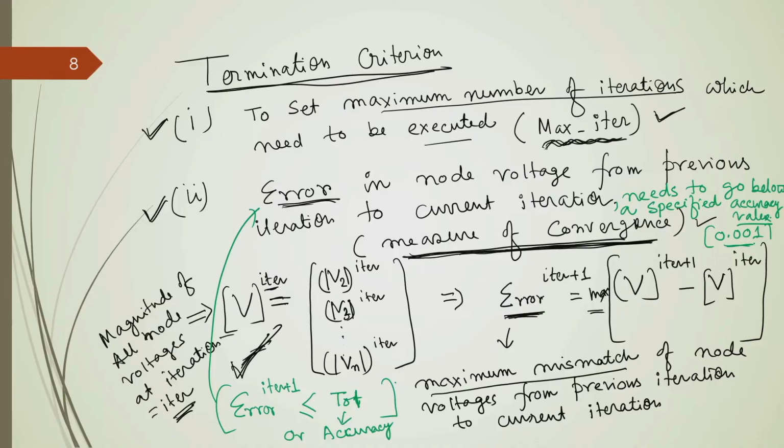If the maximum error of the node voltages between the current iteration and the previous iteration goes equal to or below this value, then we will terminate the program. That is why this is the main convergence measure.